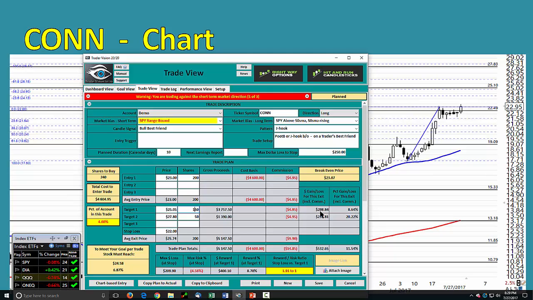Typically, what I do on my trading is I plan my trades. I choose my charts, I plan my trades, I set my entry criteria, what's going to trigger my entry. In this case, I want a positive move, so a nickel move here, and I'm going to set my orders.